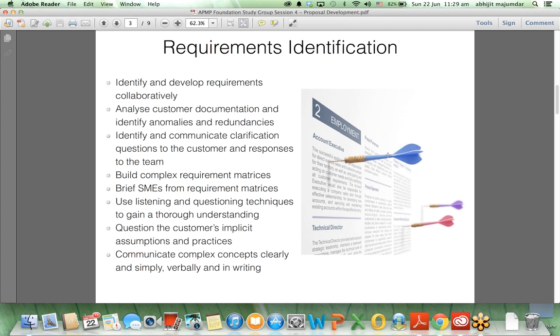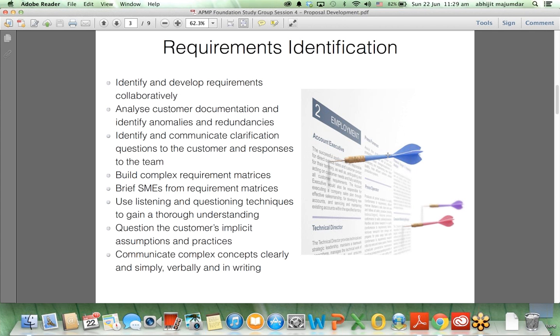Suppose you are bringing in a functional domain consultant, as well as an enterprise architect and a technical architect. If you have classified all these requirements in your requirements matrix, then you can put all functional requirements in one bucket, all technical requirements and all architecture requirements into separate buckets, and use those buckets for briefing that subject matter expert. So your requirements matrix helps in briefing the subject matter experts.